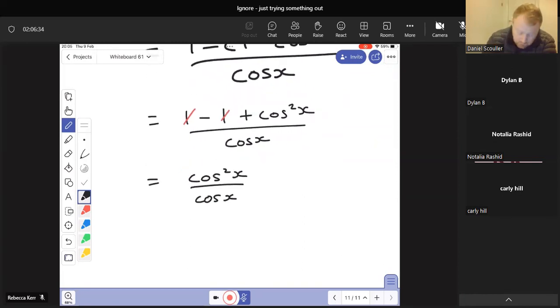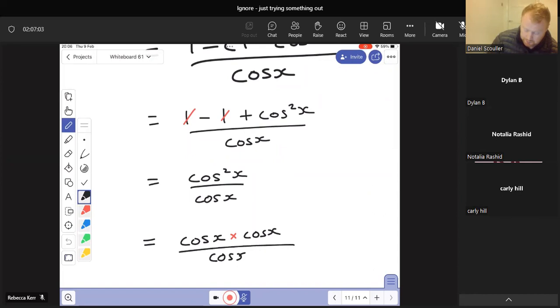Now, cos squared x, remember, it's just cos x squared, so it's just cos x times cos x. So I can cancel one of those cos x's out and just leave myself with cos x. So I can write cos x squared as cos x multiplied by cos x over cos x.